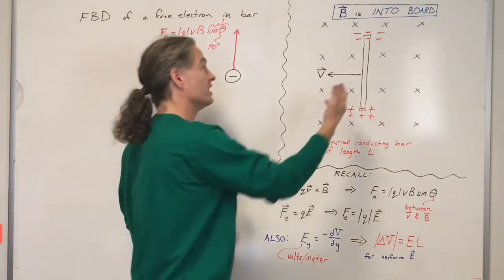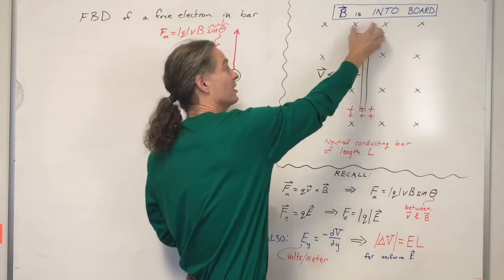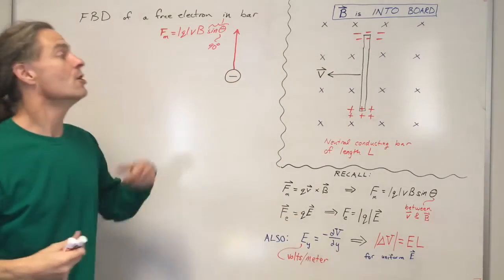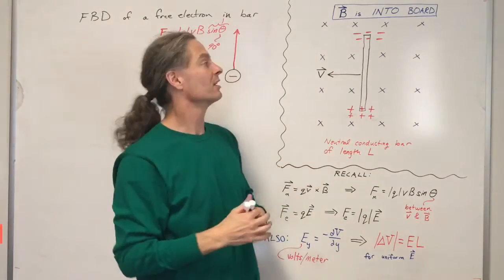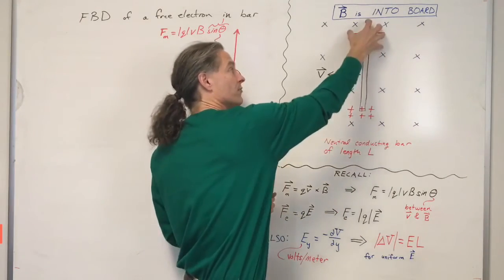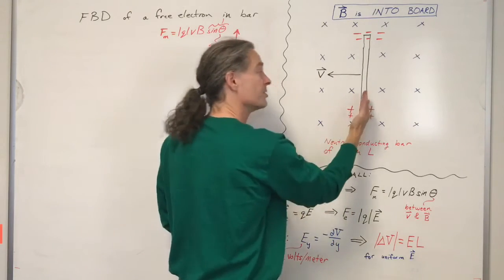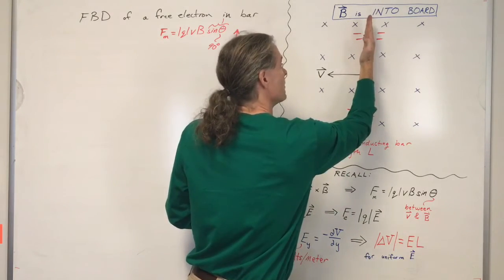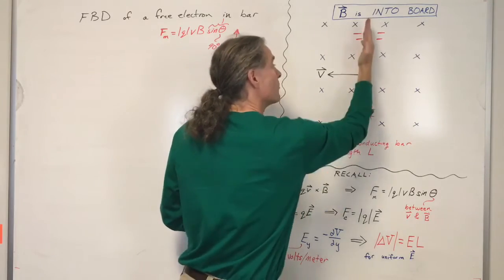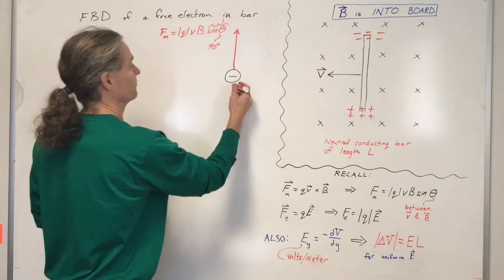Now, we need to quantify also the repulsion that one of the free electrons feels from all these other electrons. We can do that by thinking in terms of the electric field. So, due to this separation of negative and positive charge, there'll be an electric field developed in the bar that points this way. That electric field pointing up will exert forces on electrons toward the bottom of the bar.